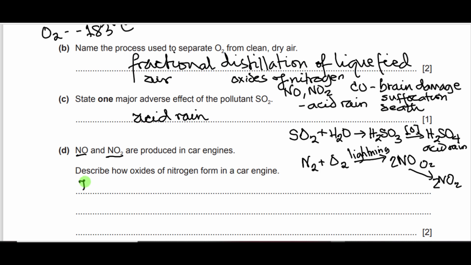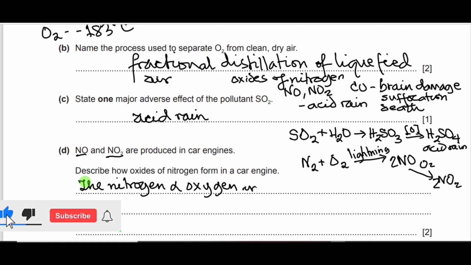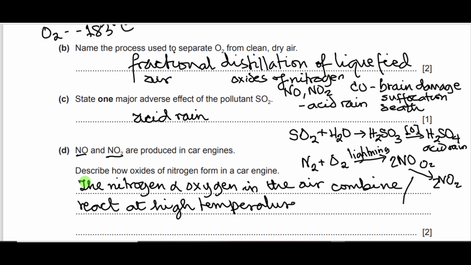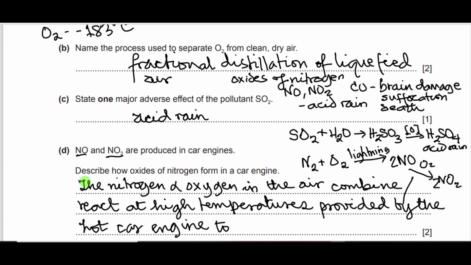Let's write it: the nitrogen and oxygen in the air combine, or you can say react, at high temperatures provided by the hot car engine to form the oxides of nitrogen.